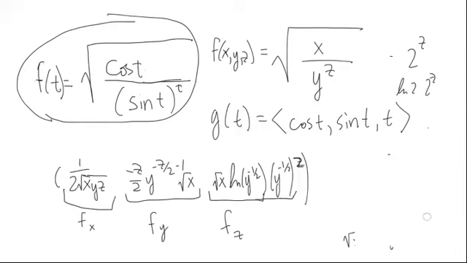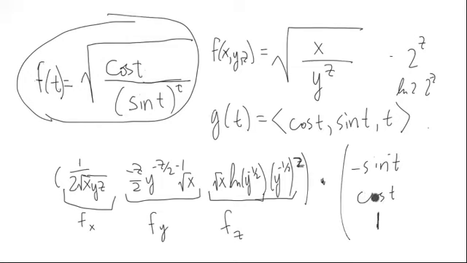So that is that derivative, and then we just take that and we multiply by the derivative of g, which is negative sine t, cosine t, and then 1. Oh no, the derivative of cosine t is negative sine t and the derivative of sine t is cosine t, then 1.